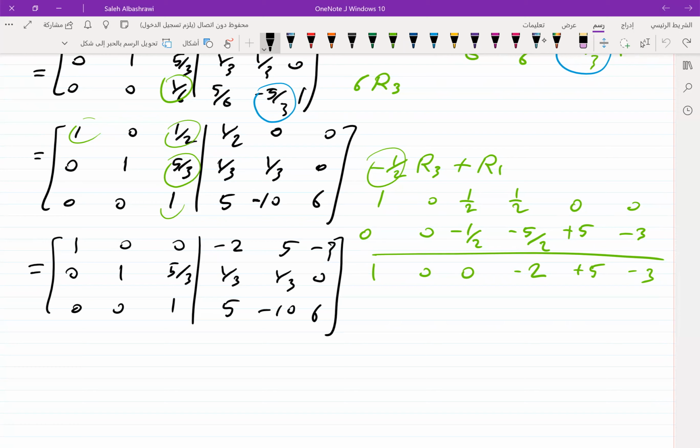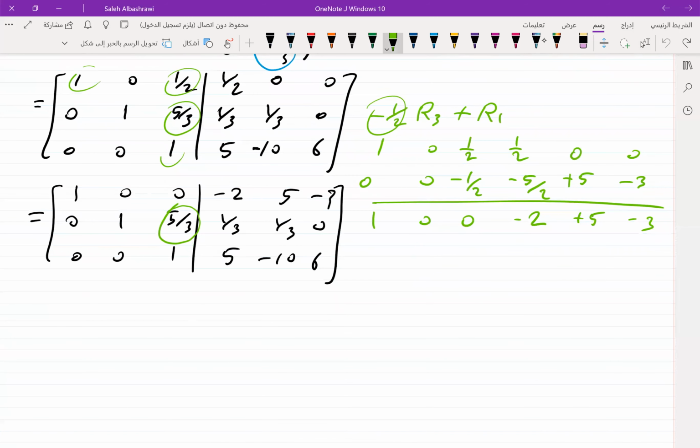Now I have 5/3 in the third row column. This one, I need to make it equal to 0. So I'm going to multiply the third row by minus 5/3 this time. Minus 5/3 R3 plus R2, the second row there. R2 minus 5/3 R3.